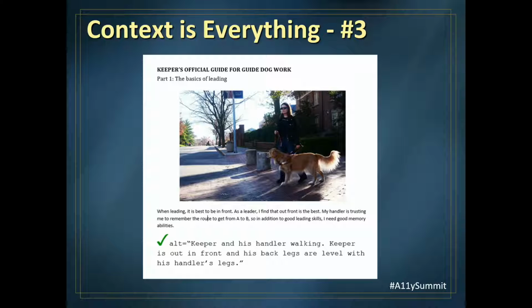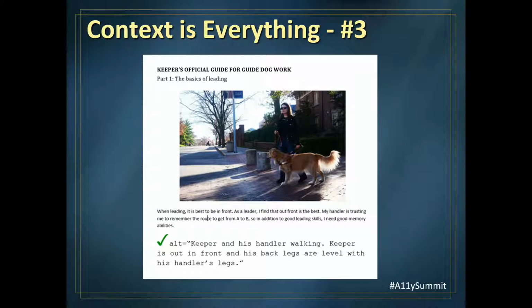Example number 3, same image. This time, it is an online manual for Keeper's official guide for guide dog work. And we have a section of the manual that is a demonstration of the basics of how a dog would lead in a support situation.